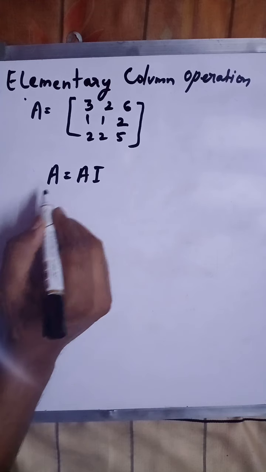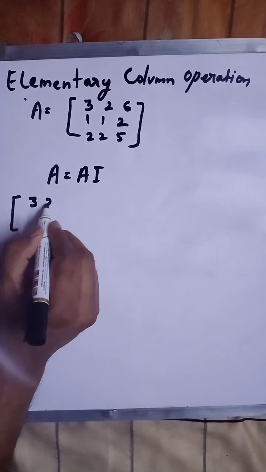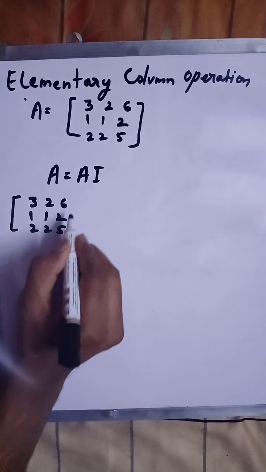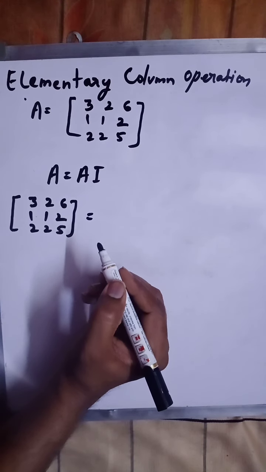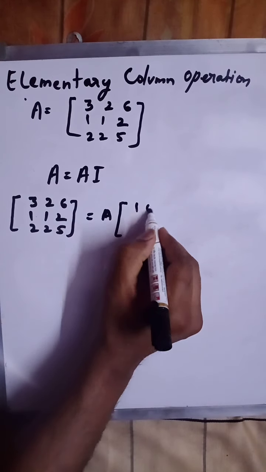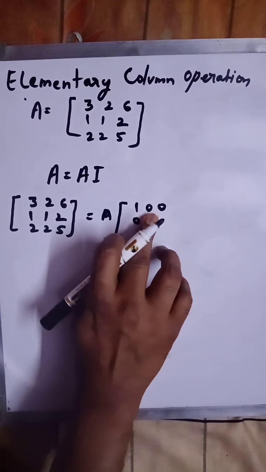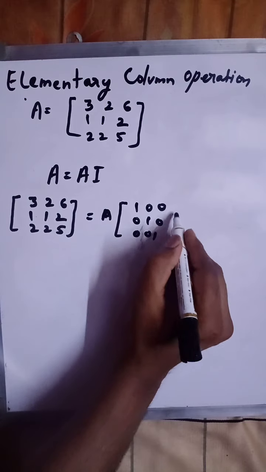Fine. So our A, I'm just putting the value of A here, that is 3 2 6 1 1 2 2 2 5, equals A times I, where I is the identity matrix, that is 1 0 0, 0 1 0, 0 0 1.